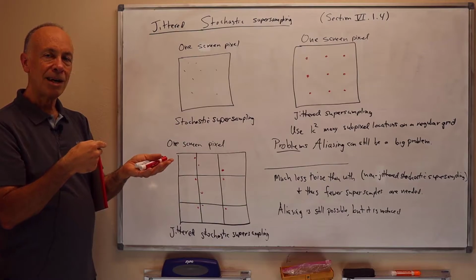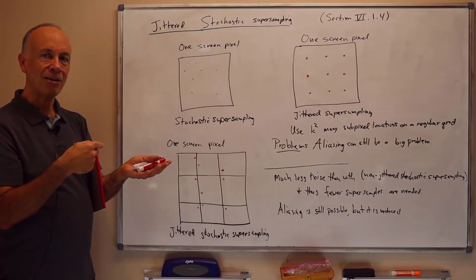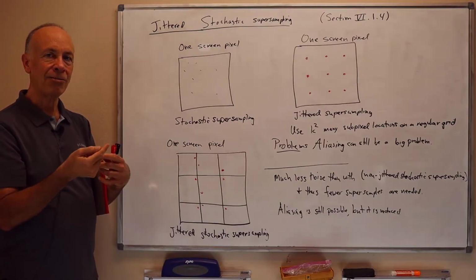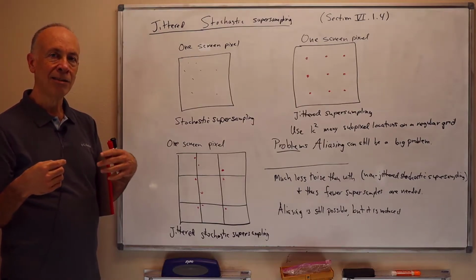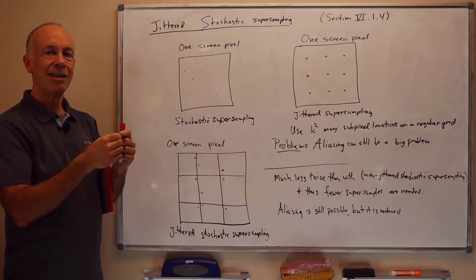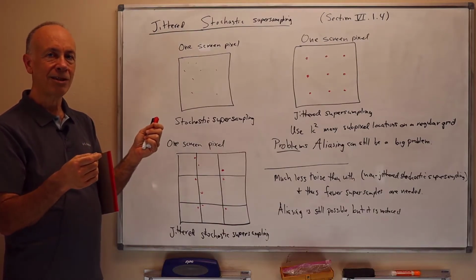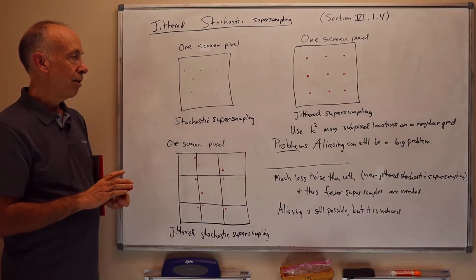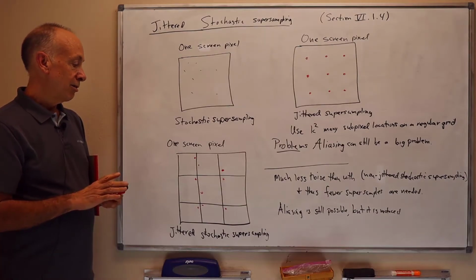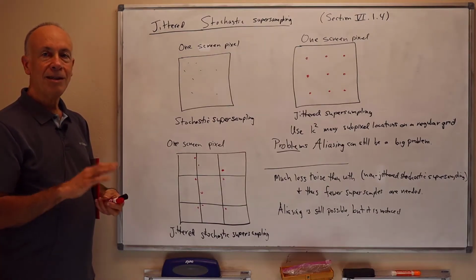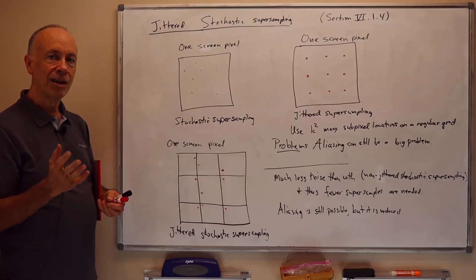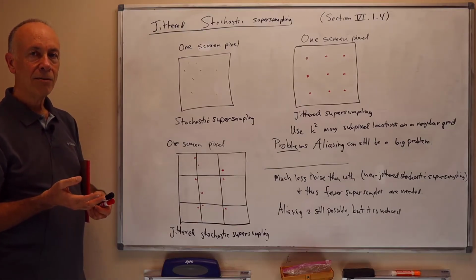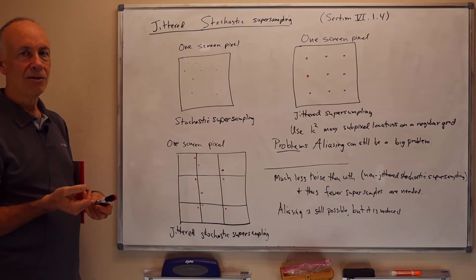So the texture map and screen resolution don't compare in the sense of one of them being higher resolution than the other. Let's say the screen is higher resolution in one direction, and the texture map is higher resolution in the other direction. But jittered stochastic supersampling is completely independent of those kinds of considerations, and it works fine even in that kind of situation, whereas MIP mapping would not work well.